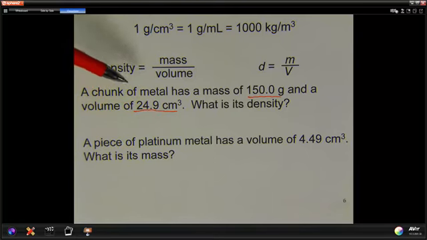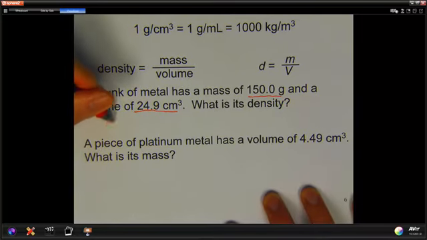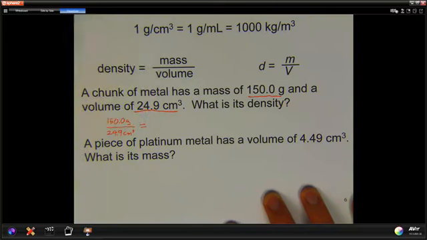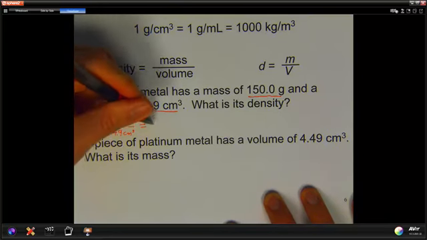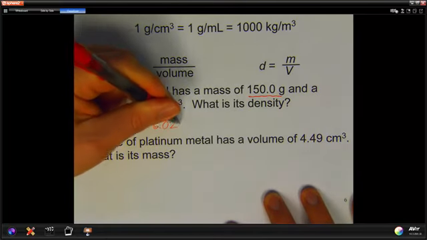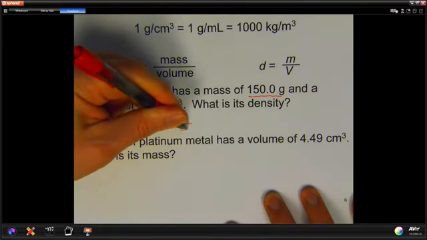So density is mass divided by volume. So we should take 150.0 grams divided by 24.9 cubic centimeters. Again, remember to include the units here. And then if we do the math, you want to just do this on your calculator, you would get 6.02 grams per cubic centimeter.